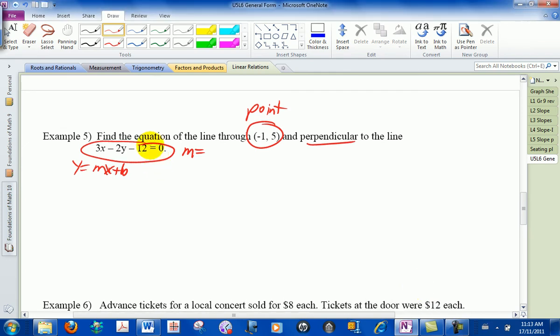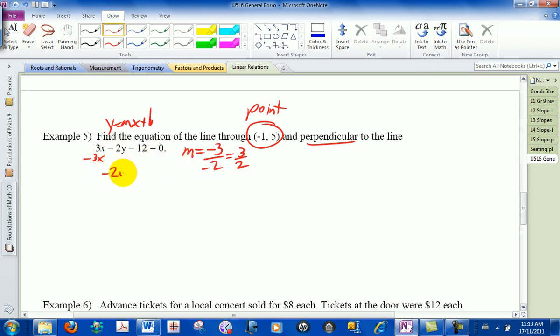You have to rearrange the equation to y equals mx plus b. Now I look at this right away and I see that the slope is -3 over -2, which is positive 3 over 2. But I'm going to double check. So minus 3x, that's how I get the -3.